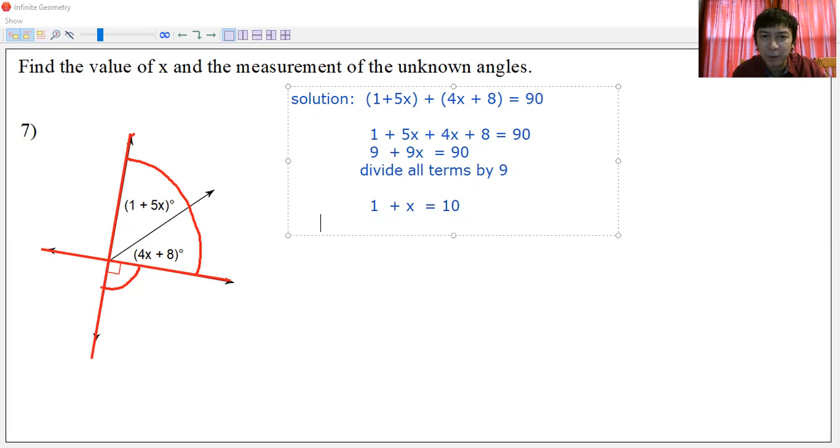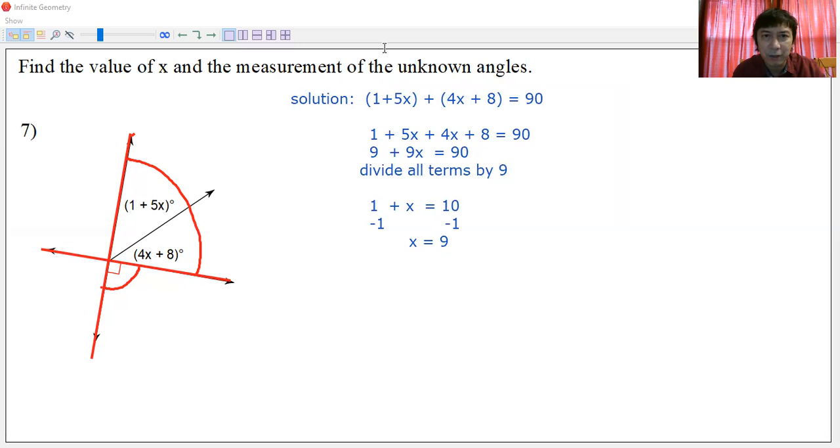Subtracting 1 from each side, this will be minus 1, and this is also minus 1. We have x equal to 9. And so we found our x. Now we can solve for the value of each angle.